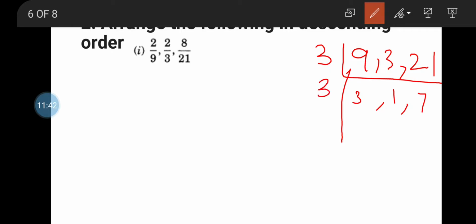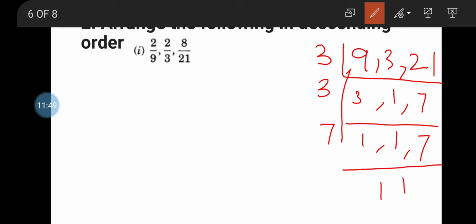Again divide by 3. So 1 comma 1 comma 7. So again by 7 if I divide, I'll get like this. Okay. So LCM is 3 into 3 into 7. 3 3s are 9, and 9 7s are 63. So LCM is 63. Okay.